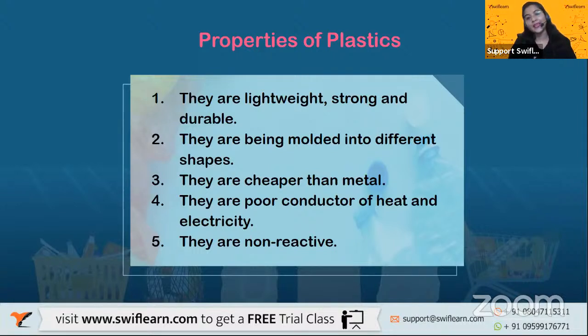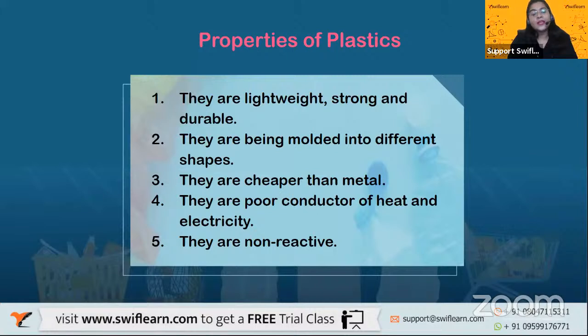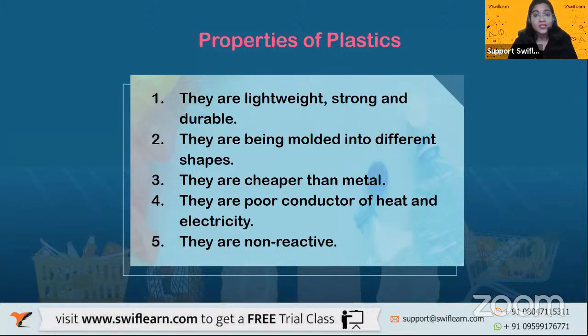And also they are non reactive. Why is that so important? Yes, think about any material which is made up of iron. Okay, so when the iron materials come in contact or exposure to the air and moisture, what is formed on that? Rust, right?